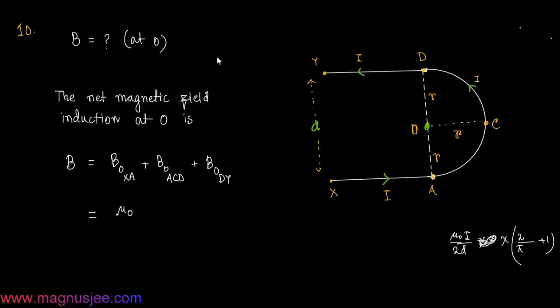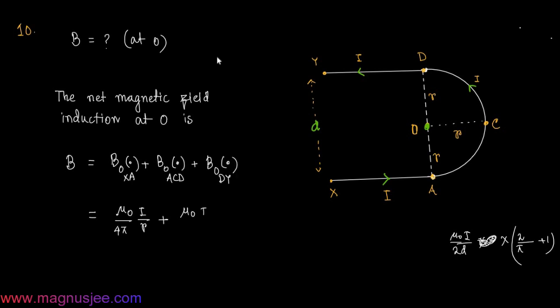Now in place of BOXA we can write mu 0 by 4 pi I by R, that is the magnetic field induction at O near one of the end A of the long straight conductor XA. Now all the magnetic field inductions, that is BOXA, BOACD and BODY, are acting outwards.